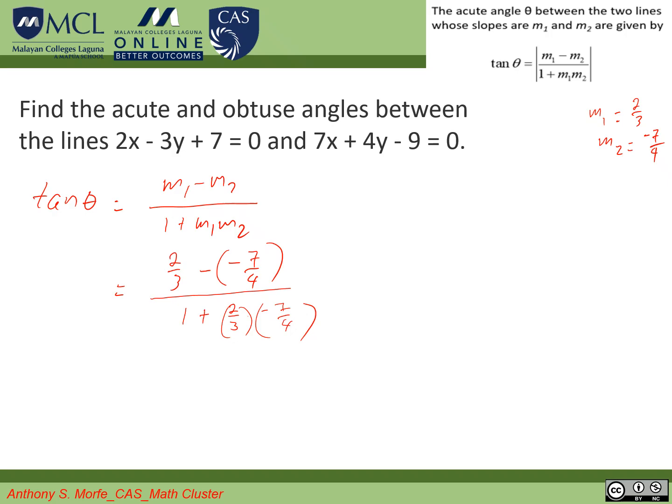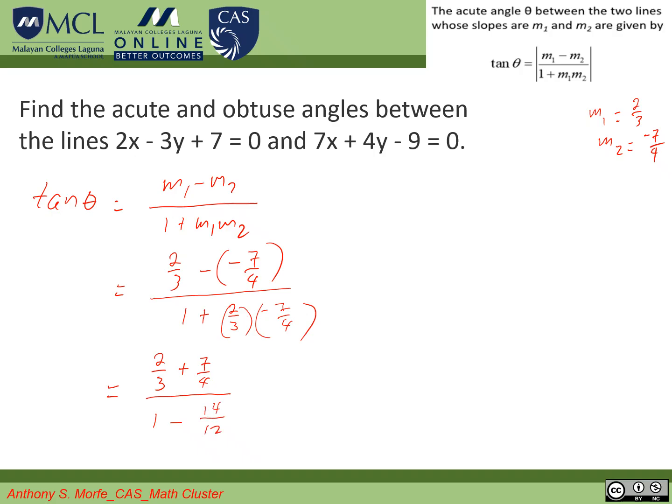So this becomes 2/3, this becomes minus minus, so plus 7/4, and this is 1 plus, this becomes minus because plus then minus, so this becomes minus. Multiply the numerators, so 14 divided by 12.